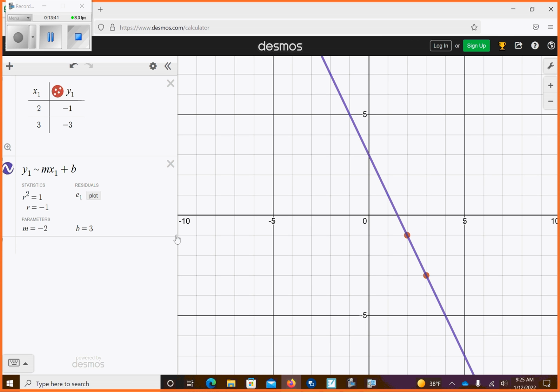The tilde is the command that says to Desmos, we want to make the equation off this. We know we have y equals mx plus b, so the m will put in there x1, because our x value is called x1, and then plus b. And again, you just plug your m and your b into it. It'll give you your line of best fit, or your linear equation, or whatever equation you have.